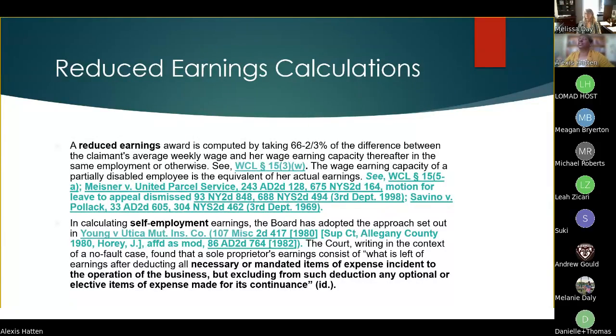So when you're determining gross earnings, you would exclude optional or elective items, and that would increase the amount of gross earnings they have.